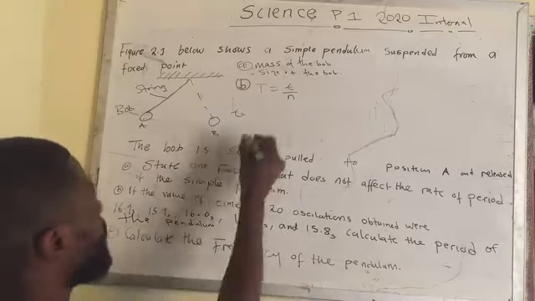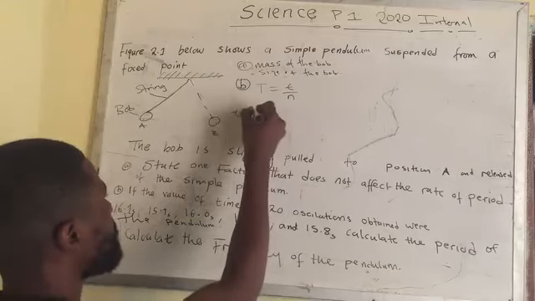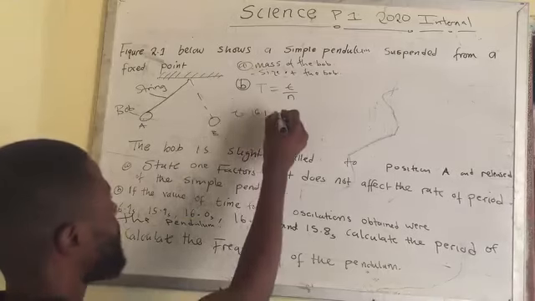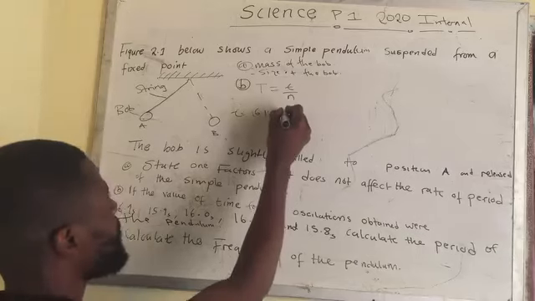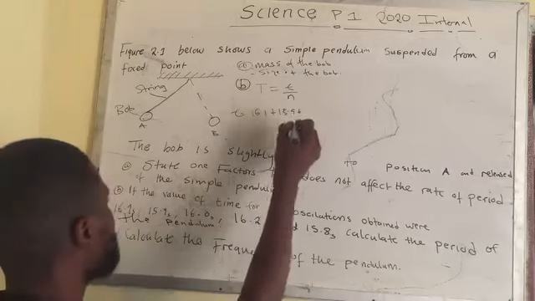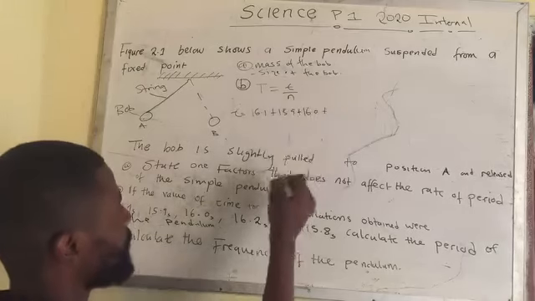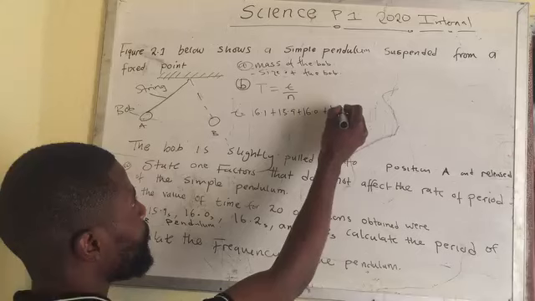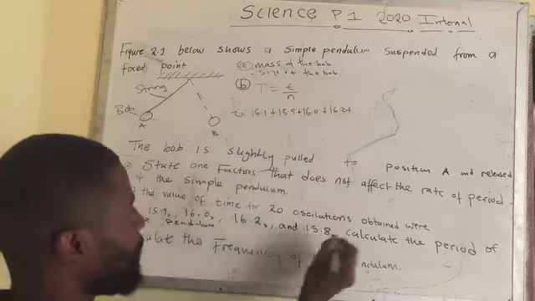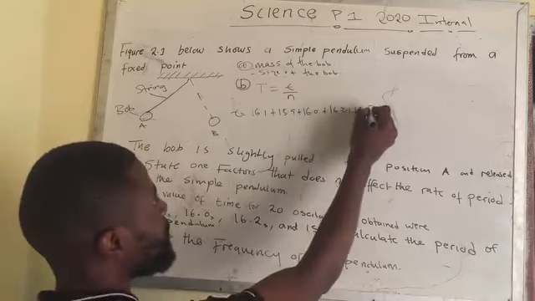So in this case, we say 16.1 plus 15.9 plus 16.0 plus 16.2 plus 15.8.